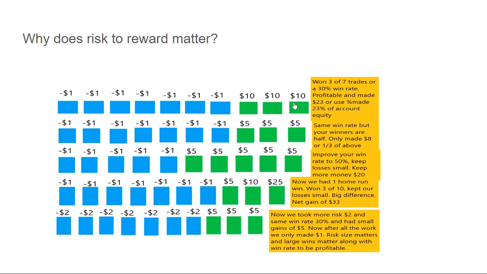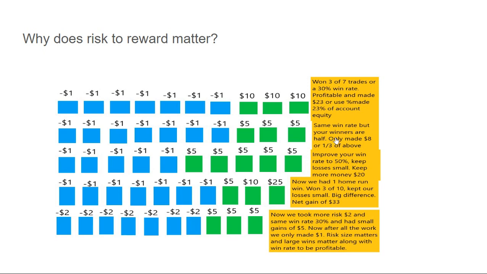So we didn't really get the home runs. We had some real nice trades. We only won half of them. And when we won, we had a good win-loss ratio there. So in this example, we kept 20. The first one, we kept 23%, even though we had only a 30% win rate.